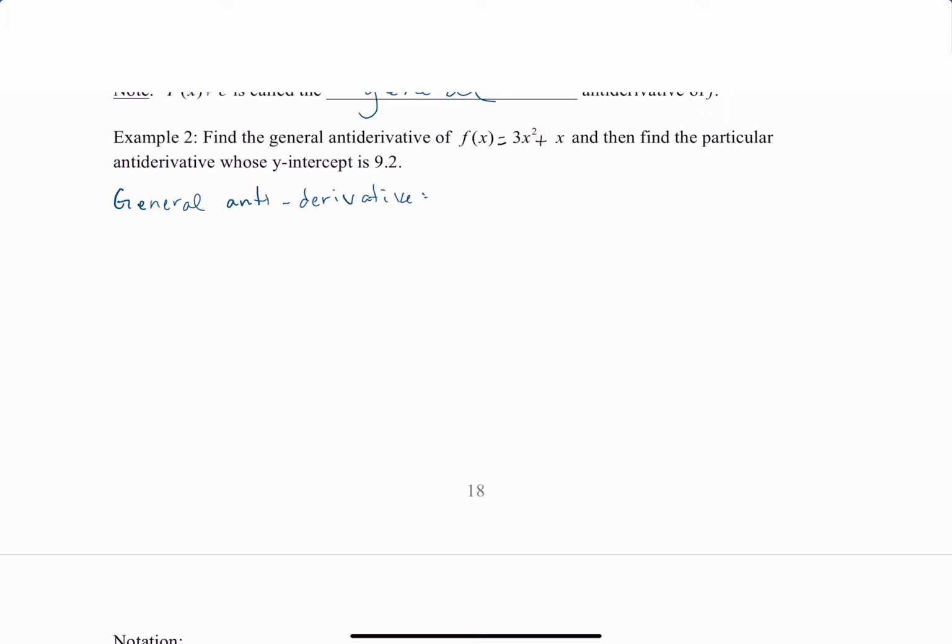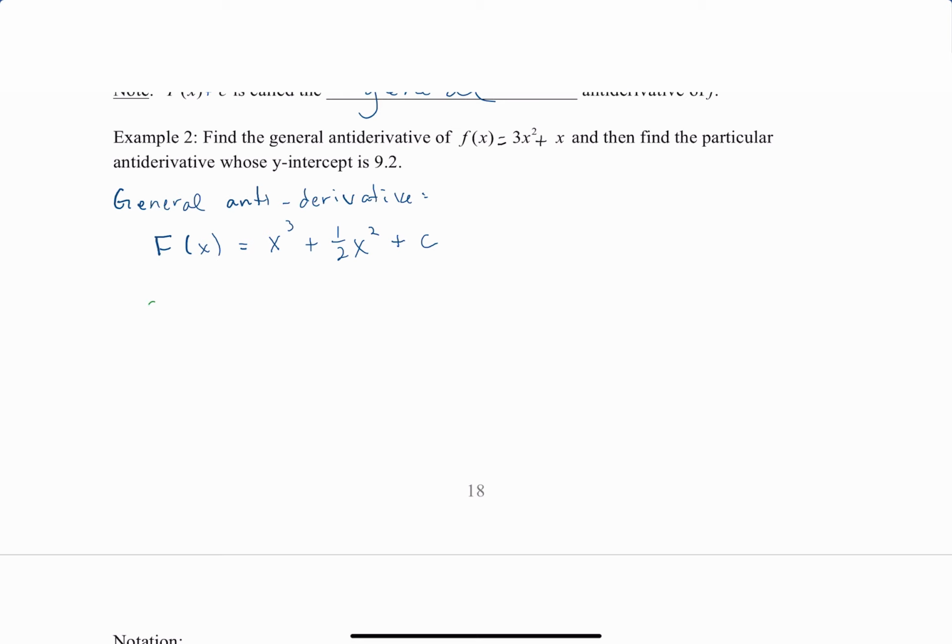So I'm going to ask myself, what would I differentiate, keeping it as simple as possible, to get 3x squared plus x? Well, if I differentiated x cubed, I'd get a 3x squared. And then if I differentiated 1/2 x squared, I'd get an x. And then, as we just saw, if you tack on any constant, that doesn't change the fact that you have an antiderivative of the original function.